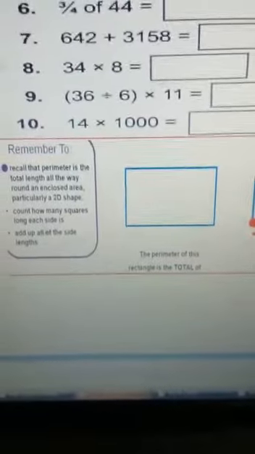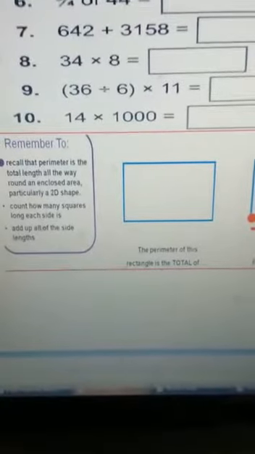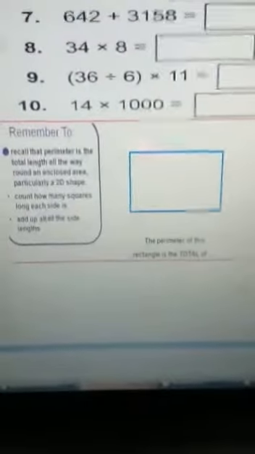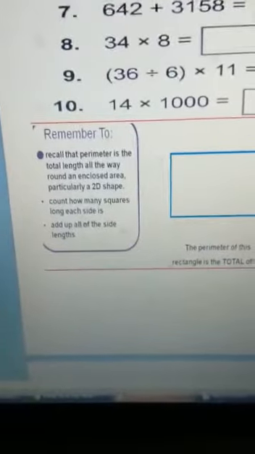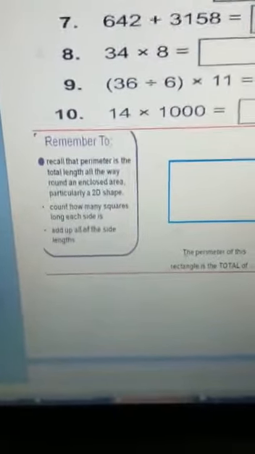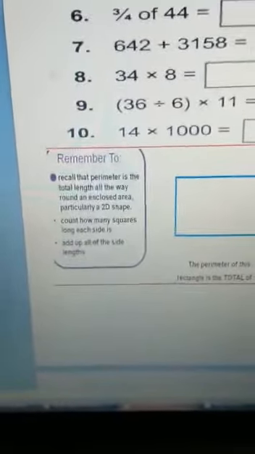Counting the perimeter of rectangles, different rectangles. So we recall that perimeter is the total length all the way around an enclosed area. So it's like the fencing or the edges of the shape, where you've got to add them up. So for this one, it's a rectangle.